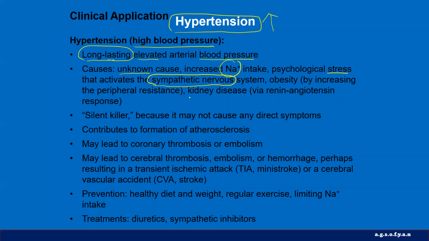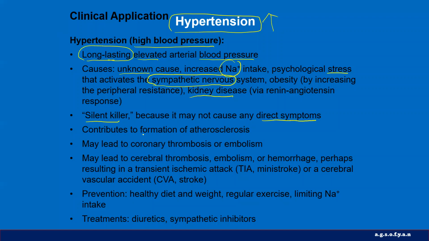Some diseases like kidney disease can also increase the blood pressure and cause hypertension. Hypertension is also known as a silent killer because it might not cause any direct symptom.